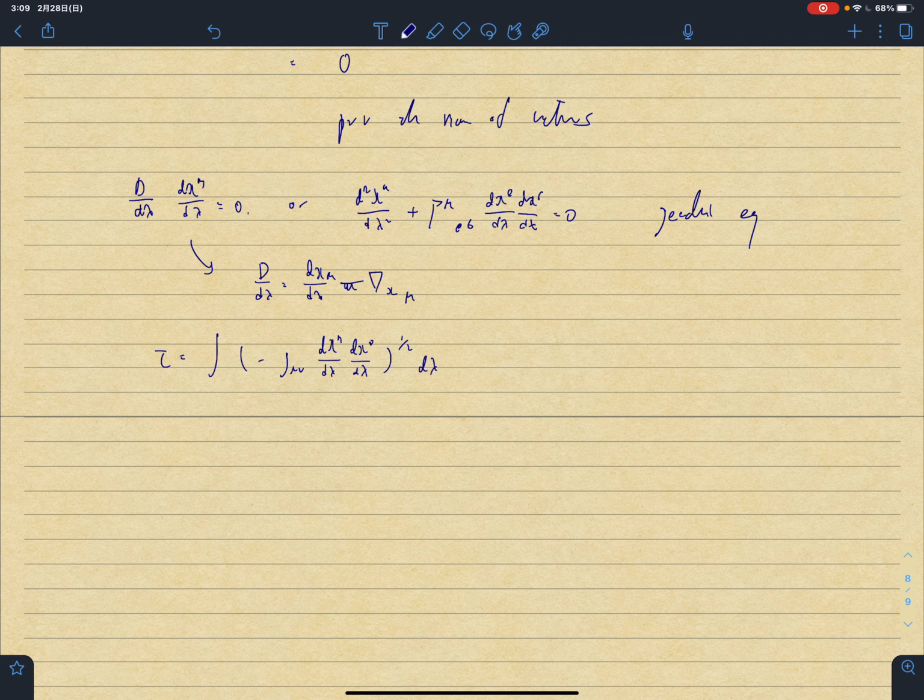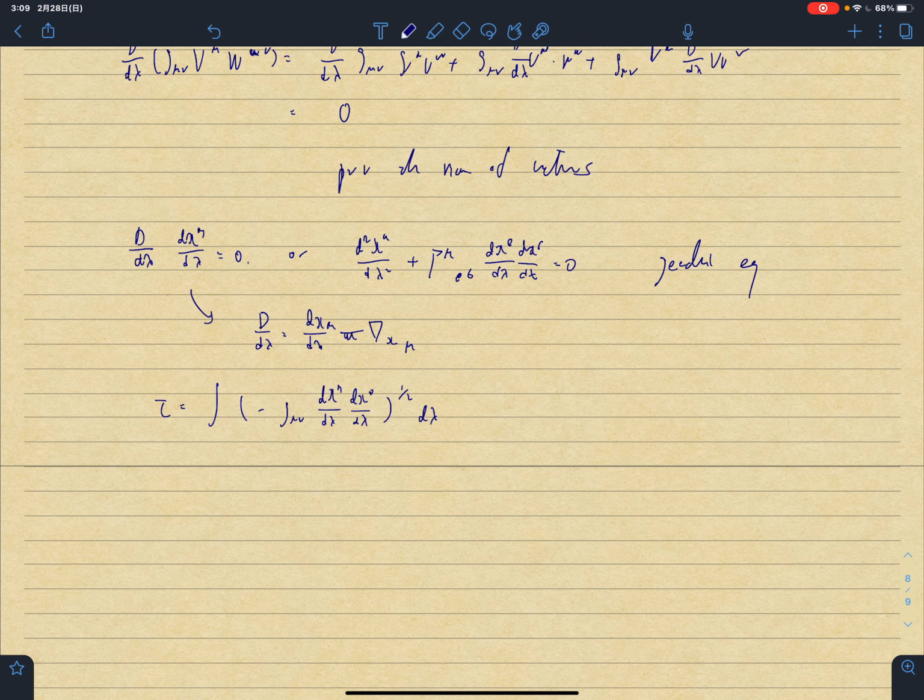However, we can simplify the algebra by means of the integral 3.45, which is of the form tau equals the integral of f d lambda, where f is a function which is dependent on the path, lambda, t. I don't know the parameterization.